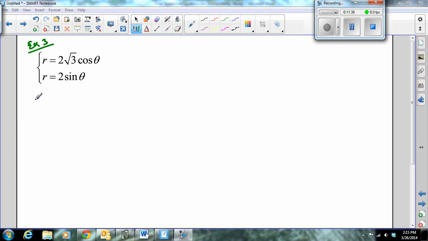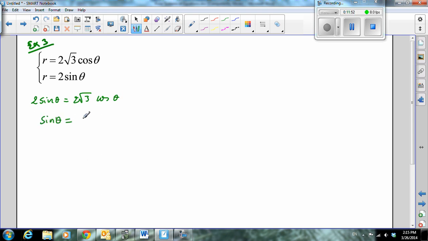The first thing I would do is say 2 sine theta is equal to 2 square root of 3 cosine theta. Divide both sides by 2 to get sine of theta is equal to square root of 3 times cosine of theta.